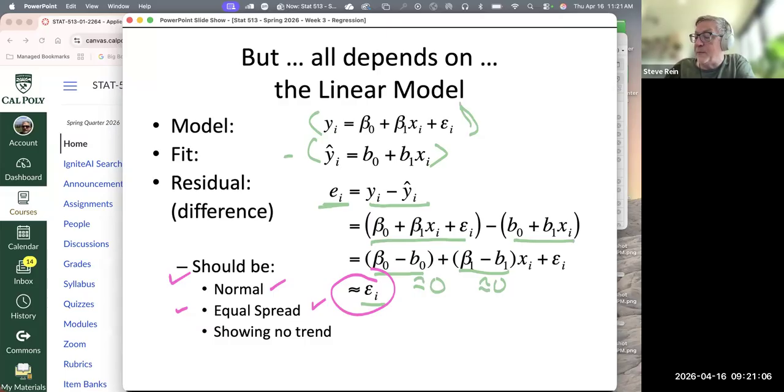The degree to which the epsilons should show no trend at all, the residuals should show no trend. So we investigate these residuals because we believe things about the underlying epsilons themselves. So that was the nature of the portion of the lab where we say, now you investigate the residuals to see if the model is reasonable.